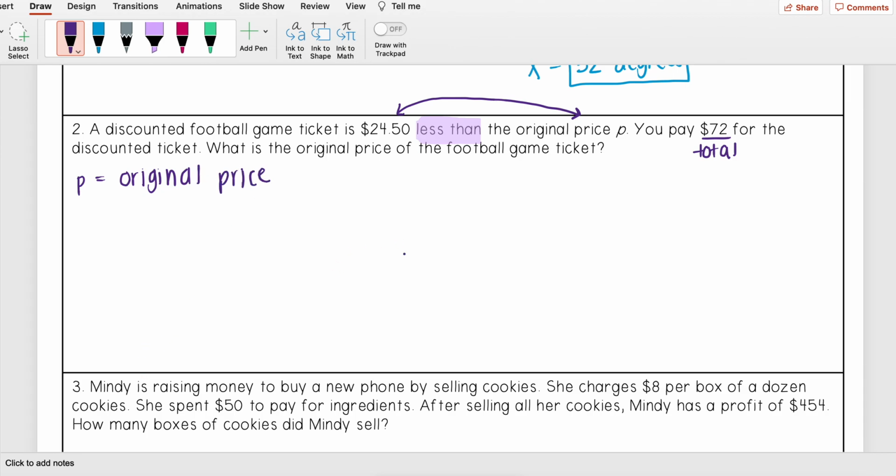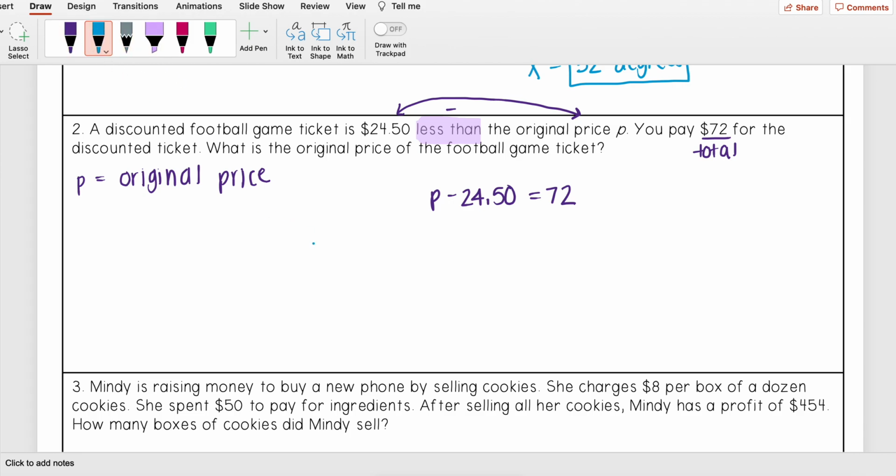Next, I want to create my equation, and I'm going to first put my total on the right-hand side. Well, my total here is 72. And now I need to fill in this left-hand side. Well, I know that the discounted football game ticket is $24.50 less than the original price. I know less than is one of my flipping words, so that means I'm actually going to be having P minus $24.50. And so there I have my equation.